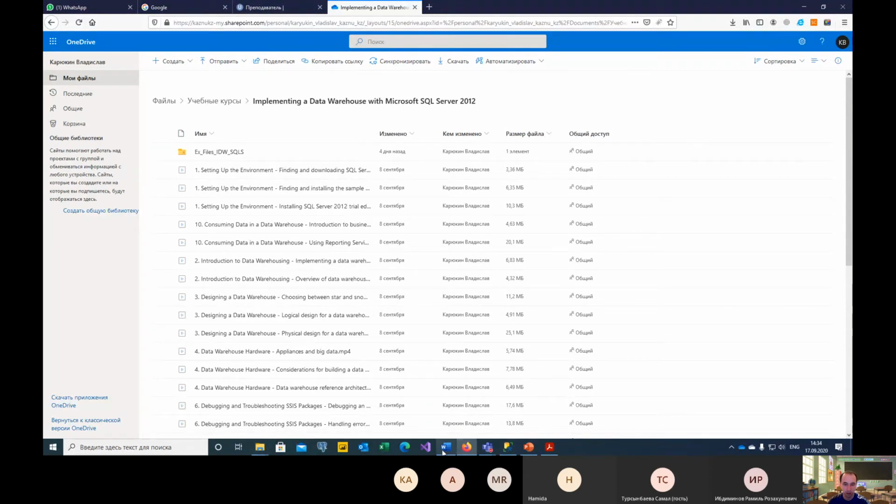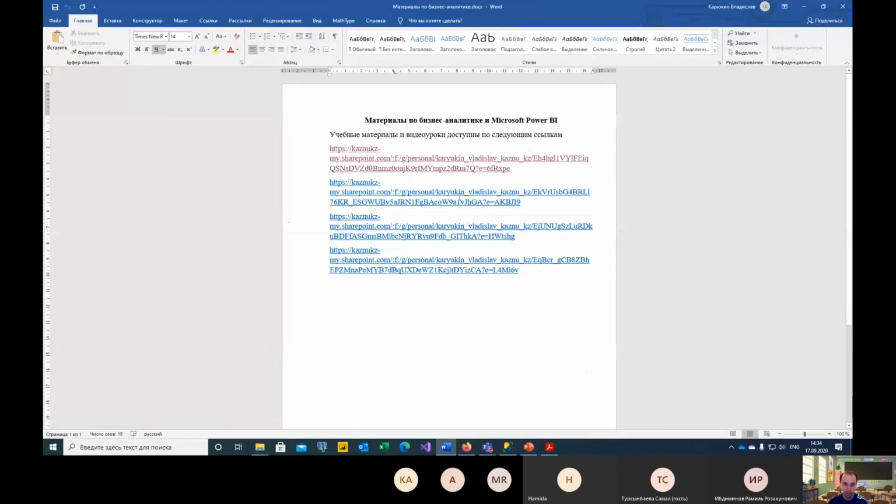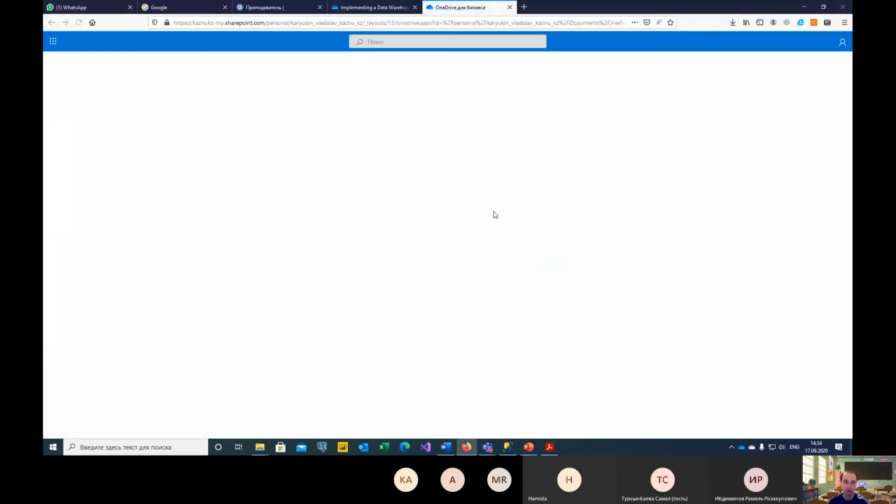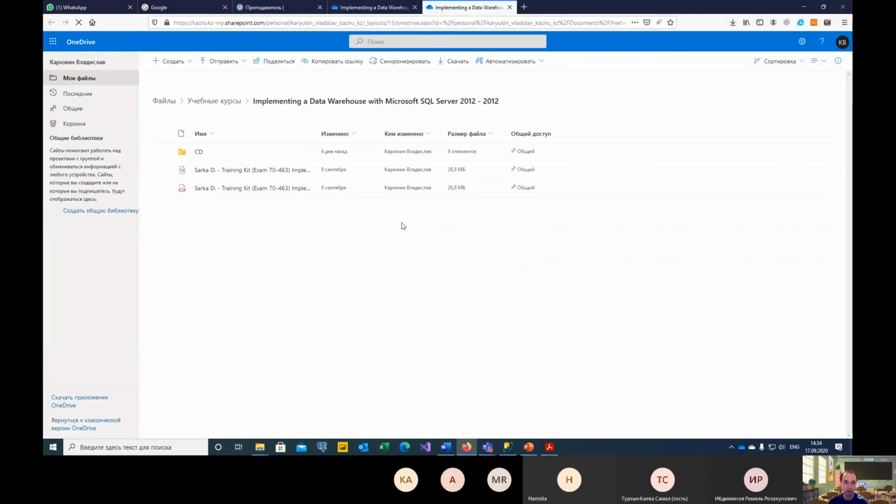The second one: I also have this training kit, the official book from Microsoft that allows you to implement the data warehouse with Microsoft SQL Server.